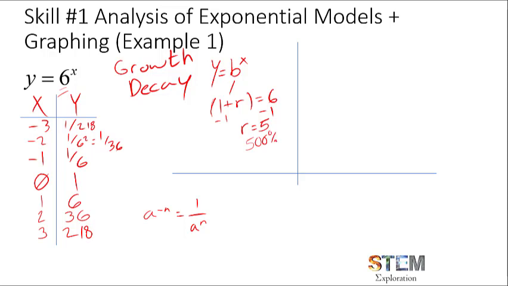And more specifically, 5 means 500%. If you want to know how much return you're going to get annually compounded, you can use an exponential model in this specific situation. Think about it in this fashion. If you put $1 into a bank account and the banker says that you will get a 500% return, that tells you that you'll make $5 from that initial dollar.